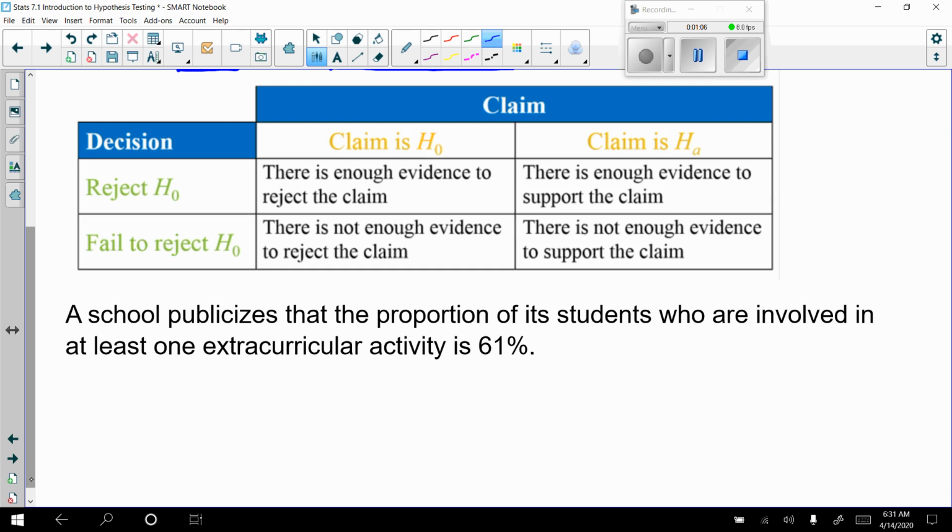So back to the school that publicizes that a proportion of its students involved in extracurricular activities is 61%. Remember, our H naught was p equal to 0.61, and our H alternative was p not equal to 0.61.